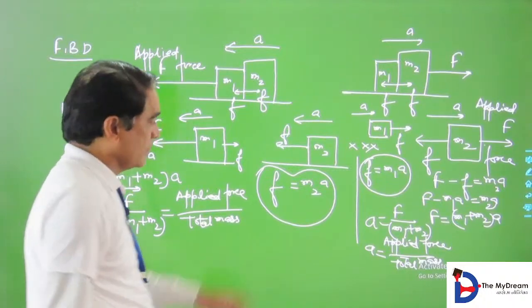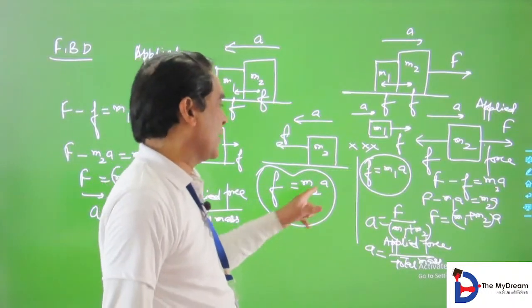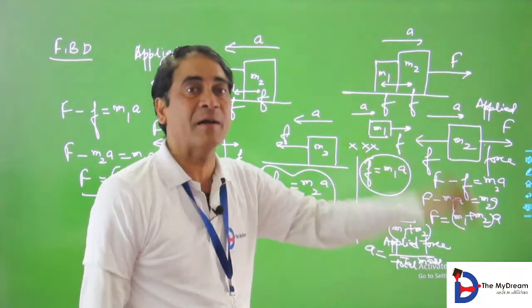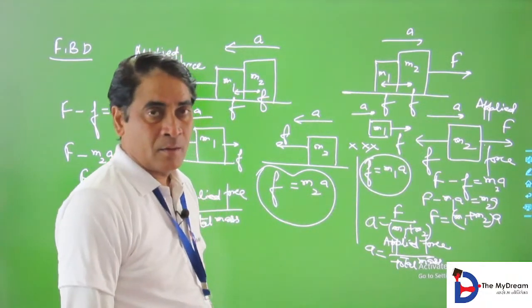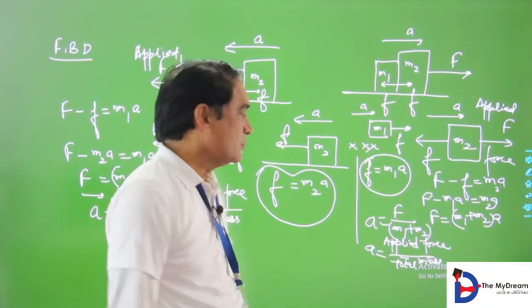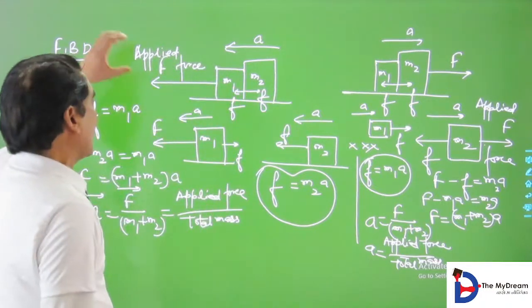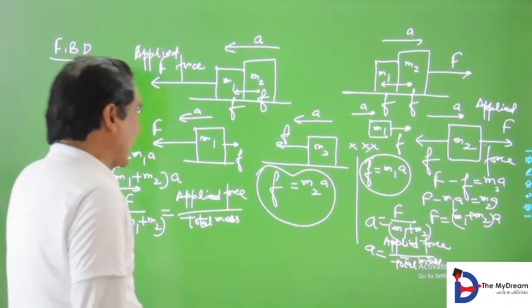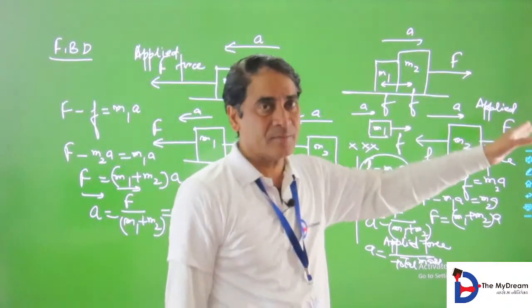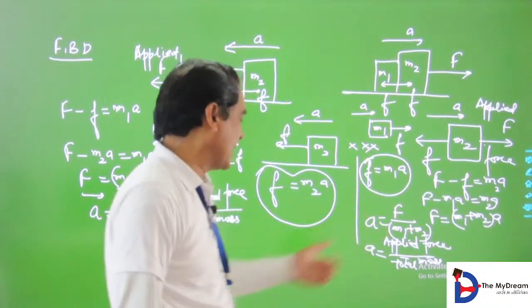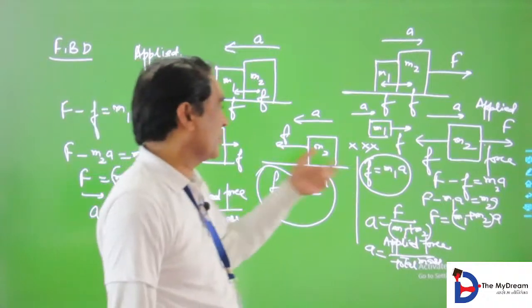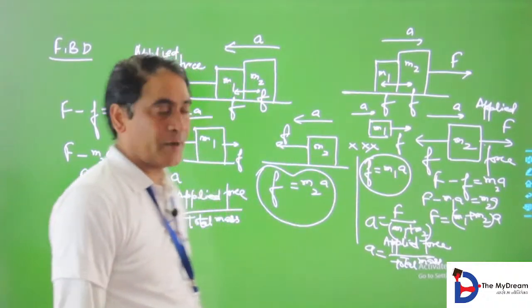Here small f is equal to m2a, but in this case small f is equal to m1a. Got it? If we apply the force on a system either towards left or towards right, the magnitude of the acceleration is the same, but the magnitude of the contact forces are different.